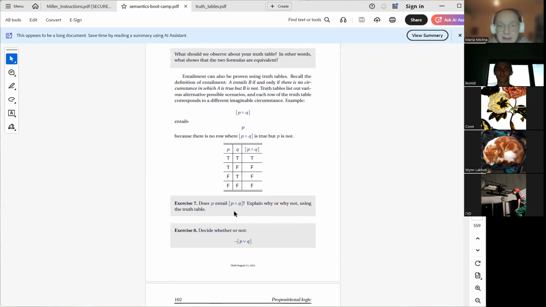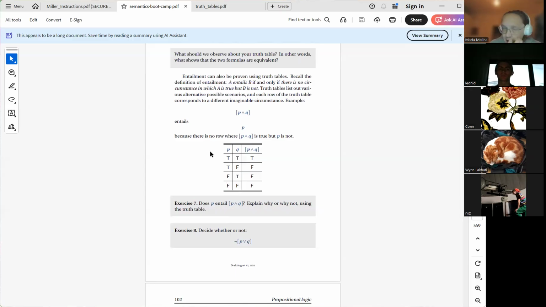Does P entail P and Q? No, I think. Why? Because P entails just itself and not Q. Look, we have the formula for proving this.